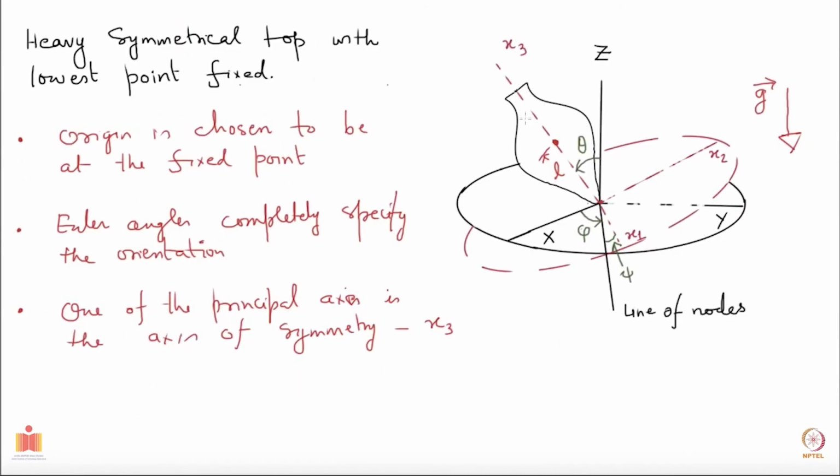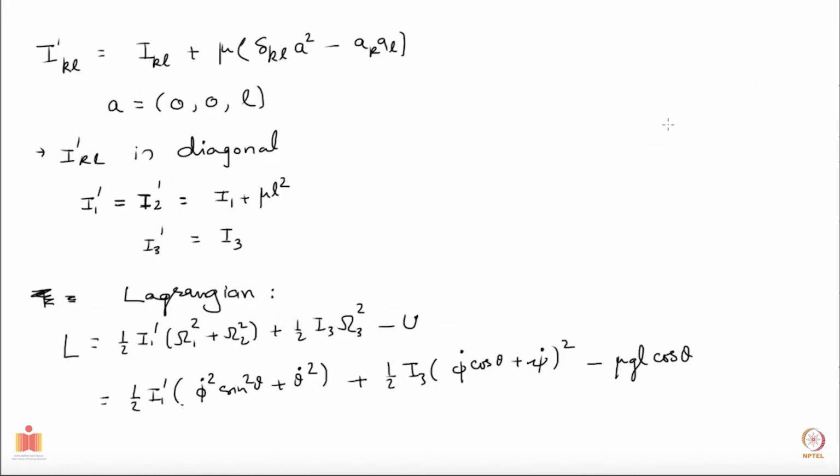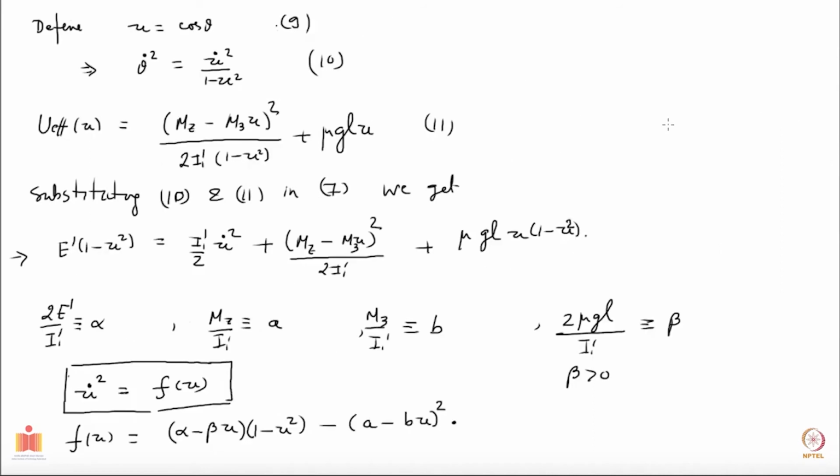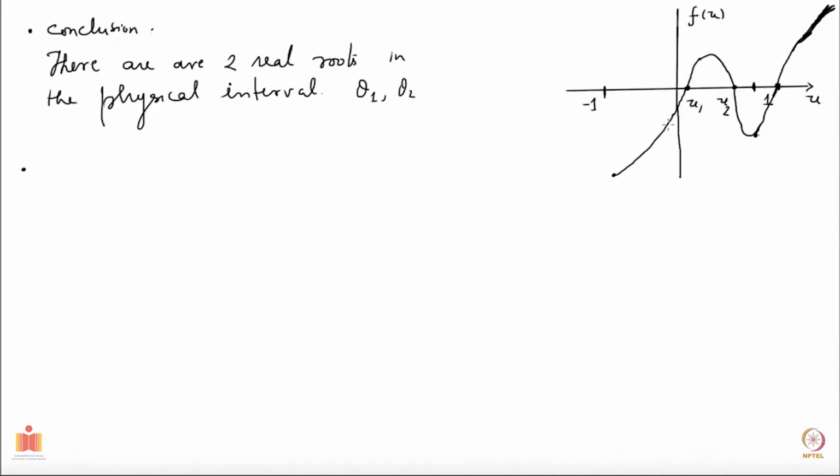As the top is moving, whatever else it is doing, this axis will keep going down and up between some theta 1 and some theta 2, in addition to whatever else it is going to do, which we are going to talk about now in more detail. And this motion of the axis going up and down is called nutation.